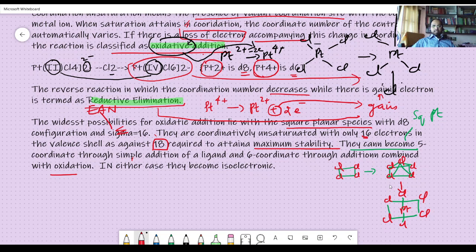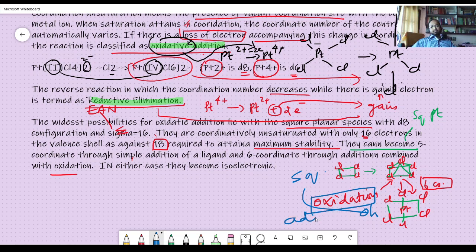This extra chlorine is added only by the process of oxidation. So here oxidation takes place, and then you get a 6 coordinated complex. So you are finally converting a square planar into octahedral geometry by oxidative addition.